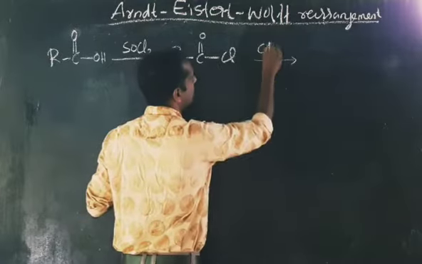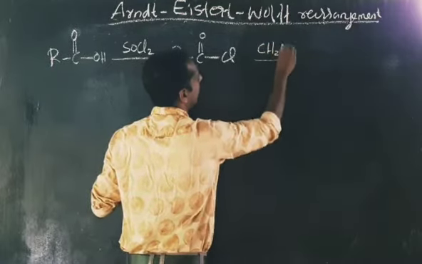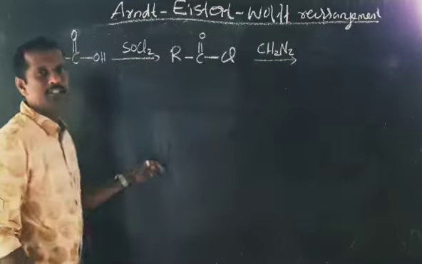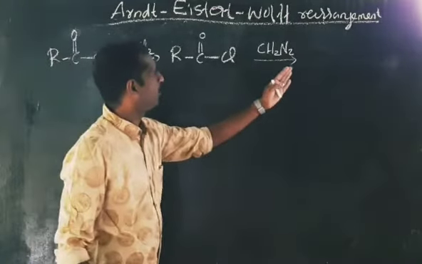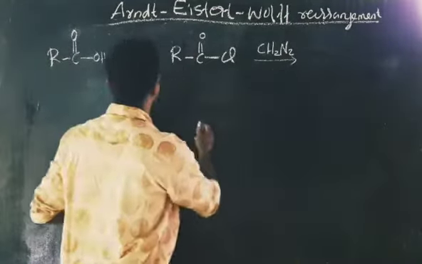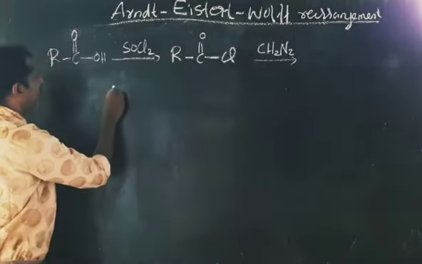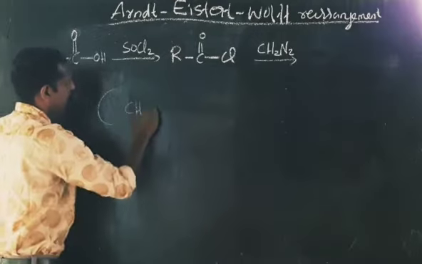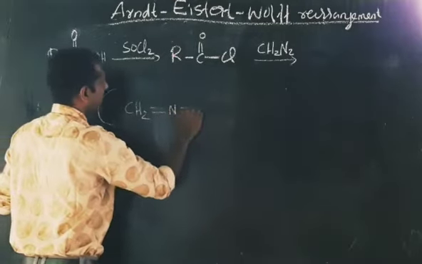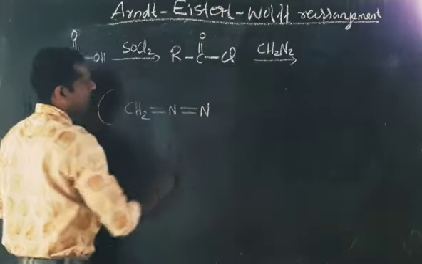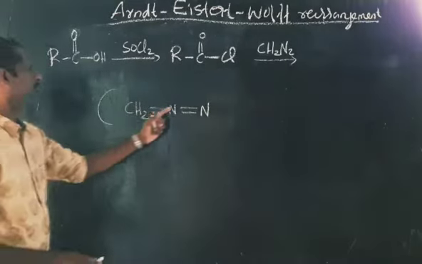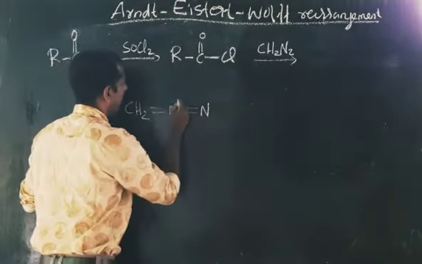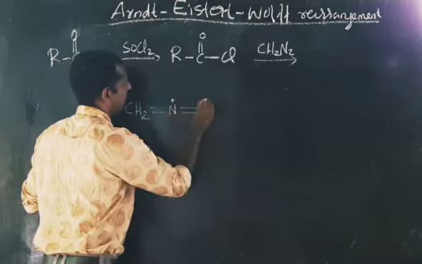And in the next step, we use diazomethane. What is the formula of diazomethane? CH2N2. Before that, look at the structure of CH2N2: CH2 double bond N, with plus on one nitrogen and minus on the other.